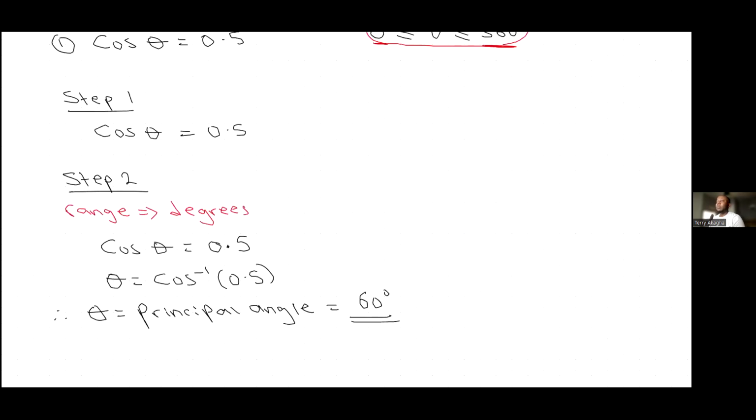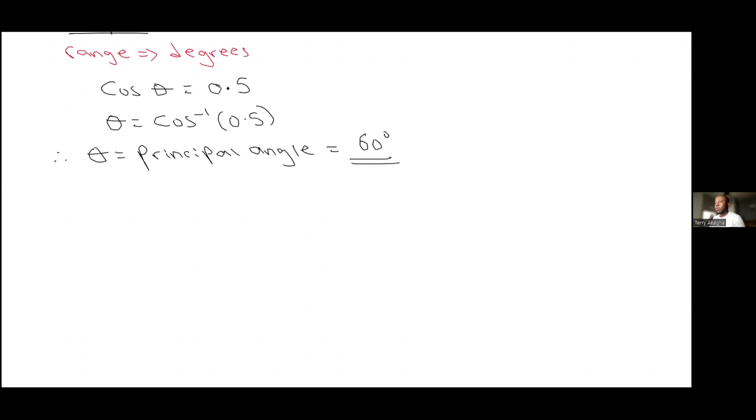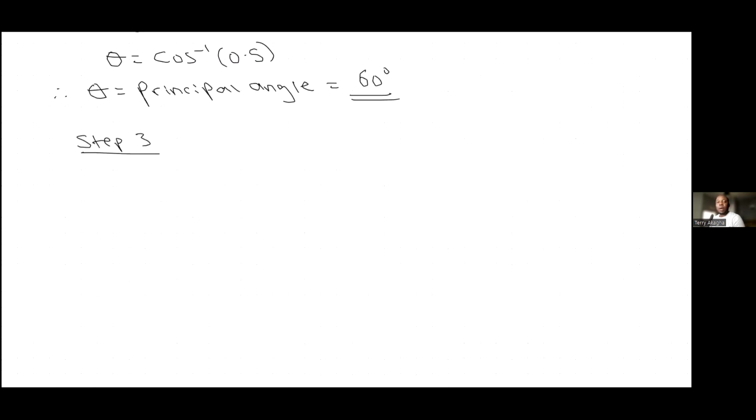So step 3. Like I always say, the first thing we have to do is get the first angle. We've gotten the first angle already, which is the principal angle. We got it to be what? 60 degrees. Now, how do we get the second angle?